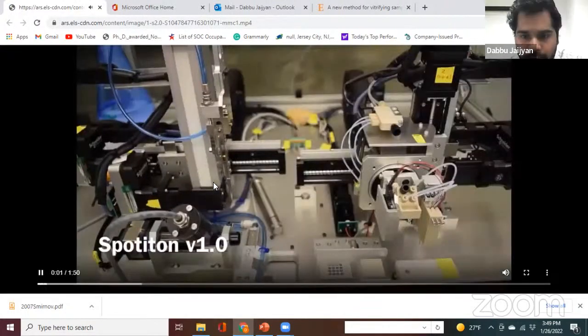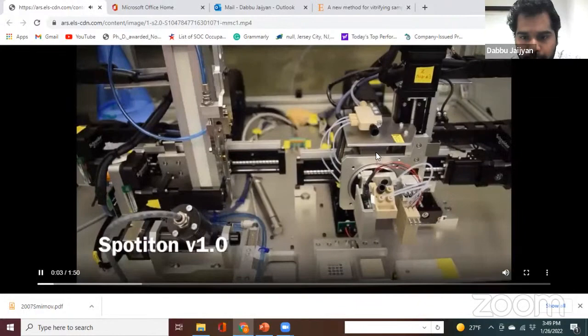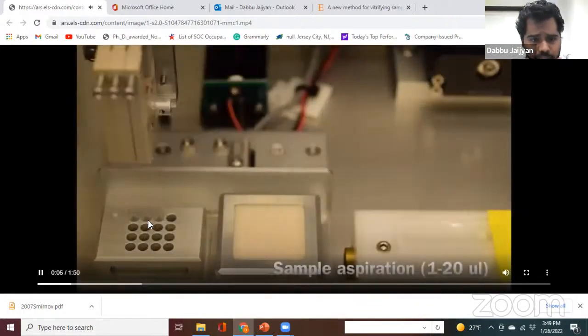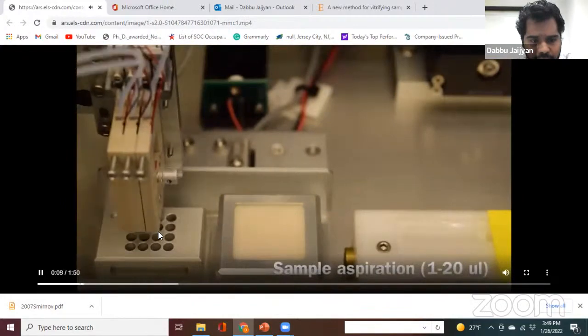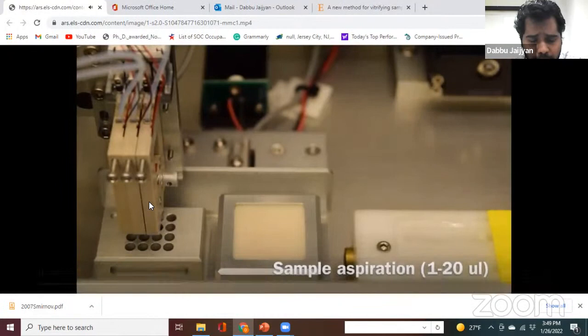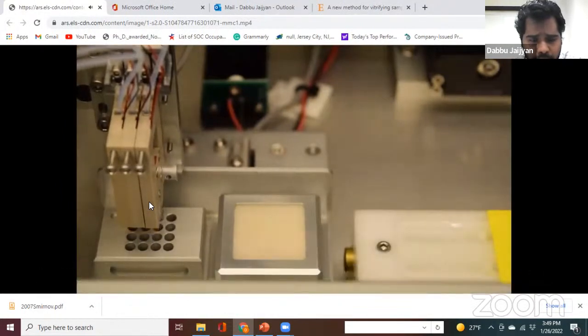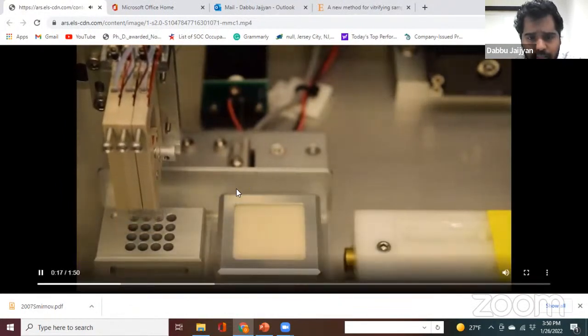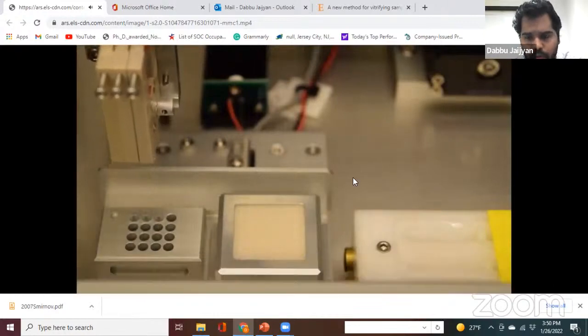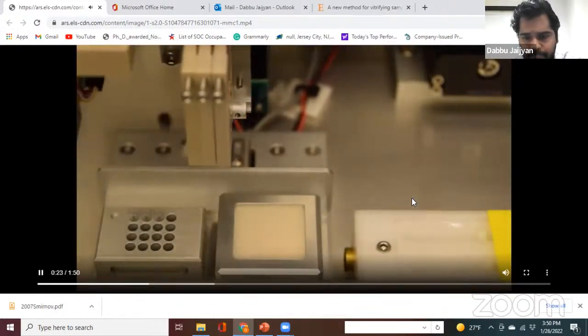Here you can see, this is the station. These are the piezo tips here. This is the sample over here. The sample is being aspirated into the tips. After taking the samples, it will go to the washing station.